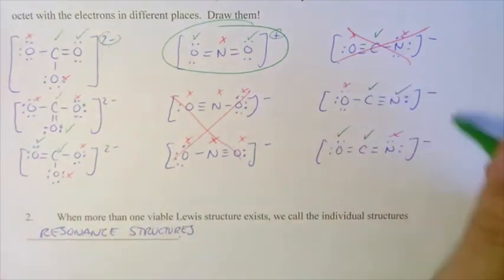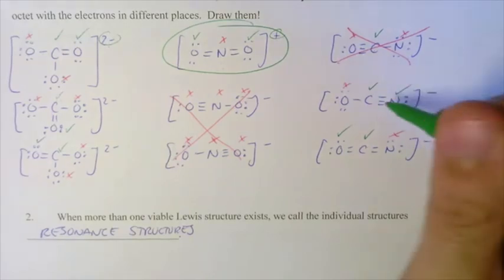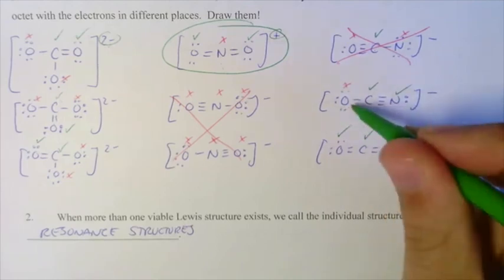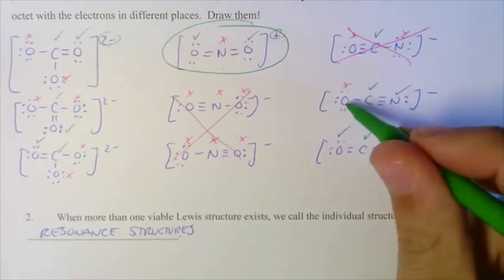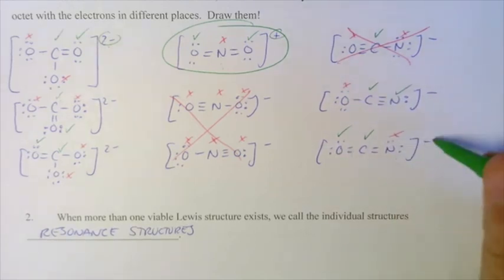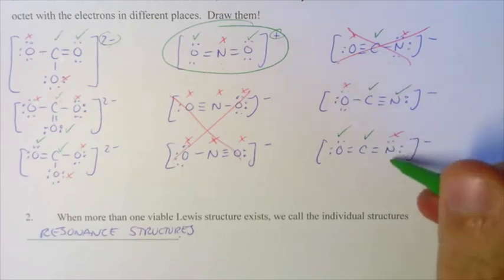These two, on the other hand, are equally good from this perspective. What I could say, however, is that one of these has the extra electron on oxygen. That's why it's the unhappy atom, because it's acting like a halogen. It's only got 1 bond. I could also say that this structure here has the extra electron on the nitrogen, because now the nitrogen is acting like group 6.